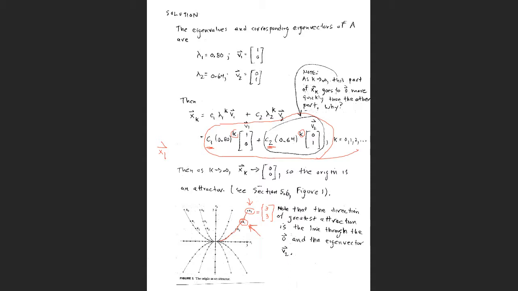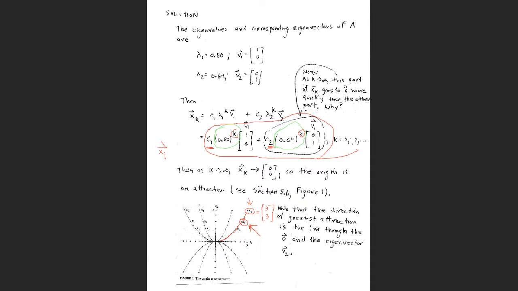If k equals 0, then this term here, 0.8 to the 0th power, is 1, and 0.64 to the 0th power equals 1. And so it's clear that c1 and c2 would both have to equal 3. That's just a nice example there. Very good, Haley. So basically, to find c1 and c2, you just have an initial condition.